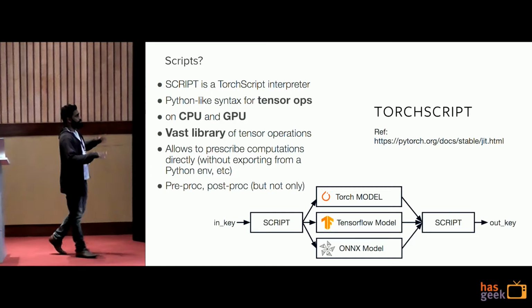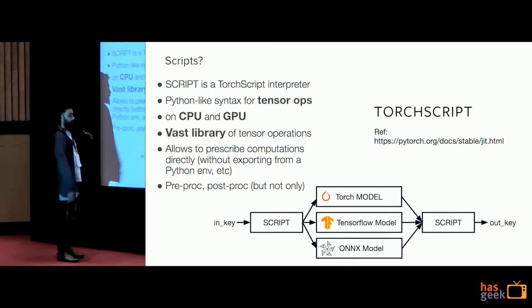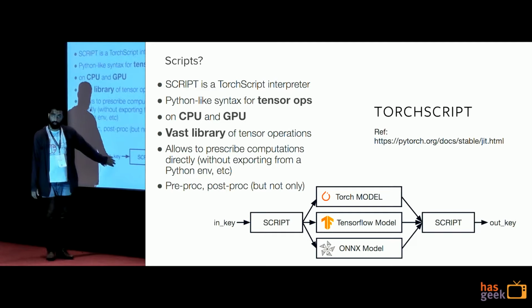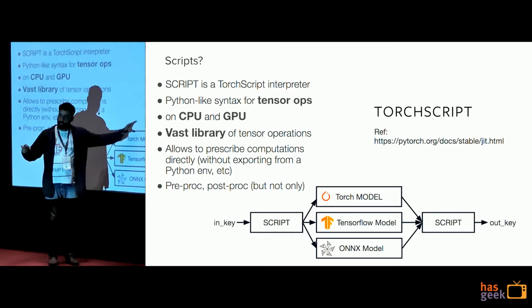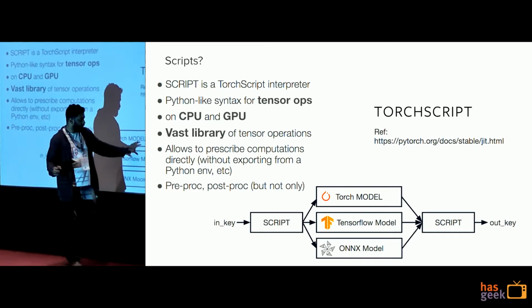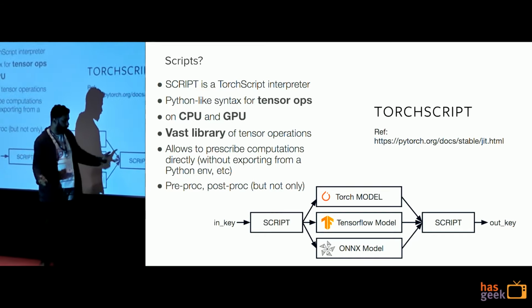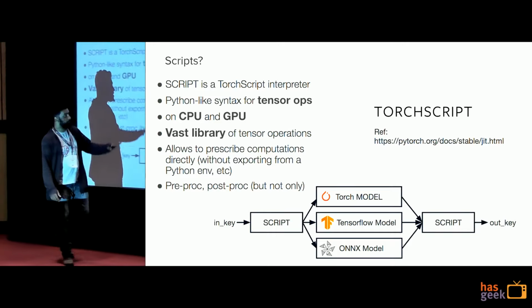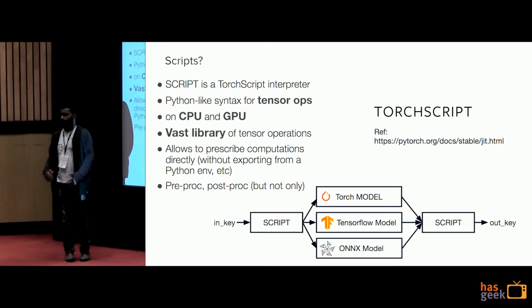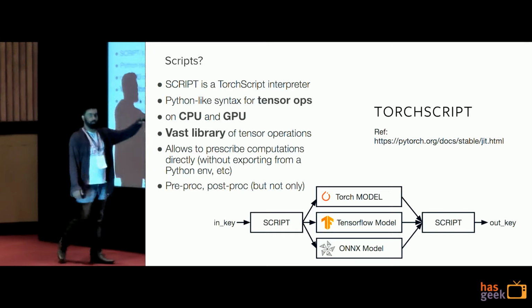So this is a typical workflow. You have an in key, you run that through your pre-processing script, then you get an output, you run that through the model, and then you get the model output, you run that through the post-processing script, then you get the output key. If you want to know more about the scripting, you can go to the TorchScript document.